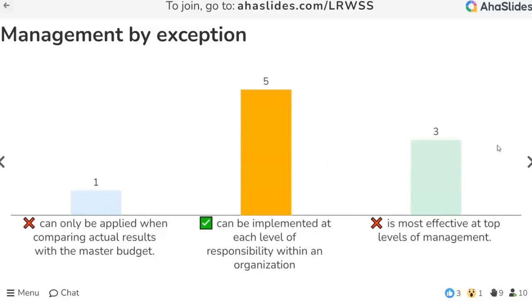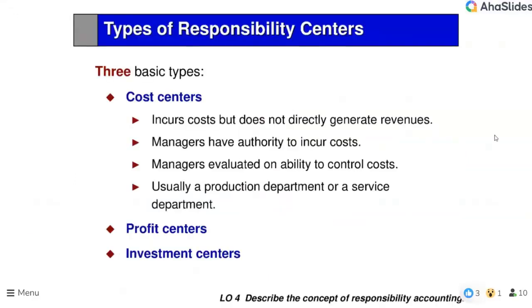Well, that's a little better. Probably, yeah, that's right. Good. All right. Now, we're talking in general here: responsibility accounting, management by exception, only those costs that are controlled by the manager, and so on. And we're going to develop the reports according to the responsibility level of the manager.